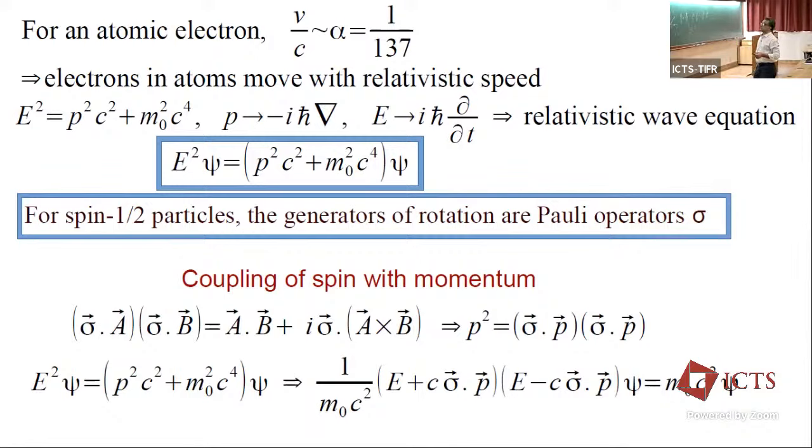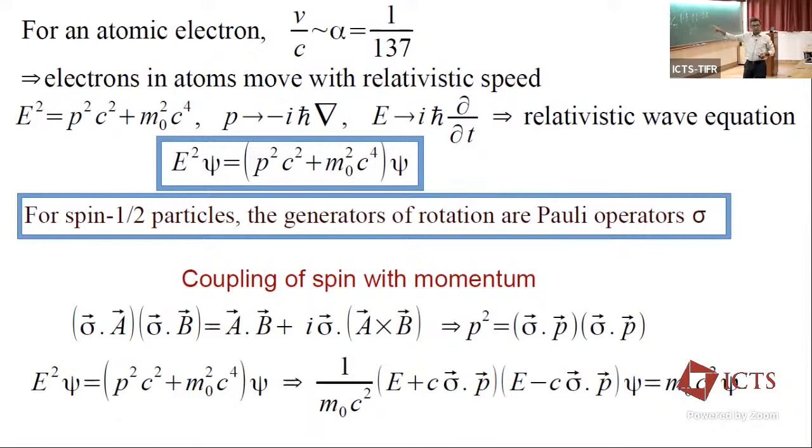In relativistic quantum mechanics, when a particle moves with relativistic speed, you have this Einstein relationship for energy, where you introduce the rest mass. From this picture, you can move to the photon picture, which corresponds to M0 going to 0, because the rest mass of a photon is 0.